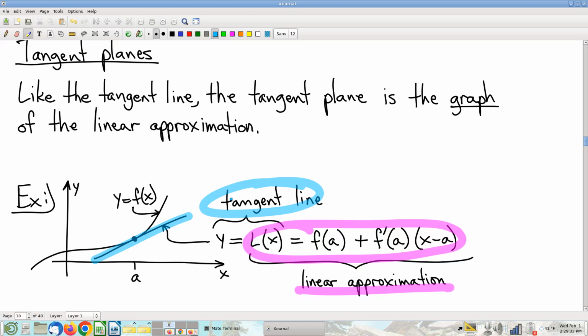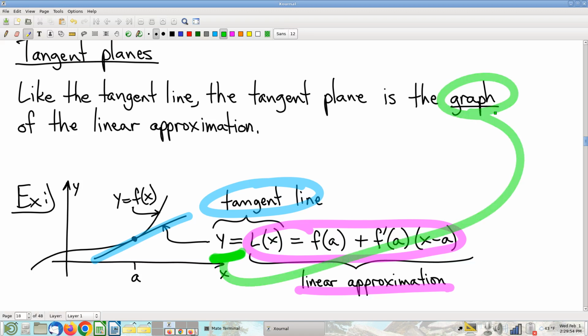The tangent line, after all, is a geometric thing. The linear approximation is an algebraic thing. This is a formula, right? It's a function. And this is not the picture. So the relationship, of course, y'all can read right off of the thing here. The relationship is that the tangent line is the graph of the linear approximation.